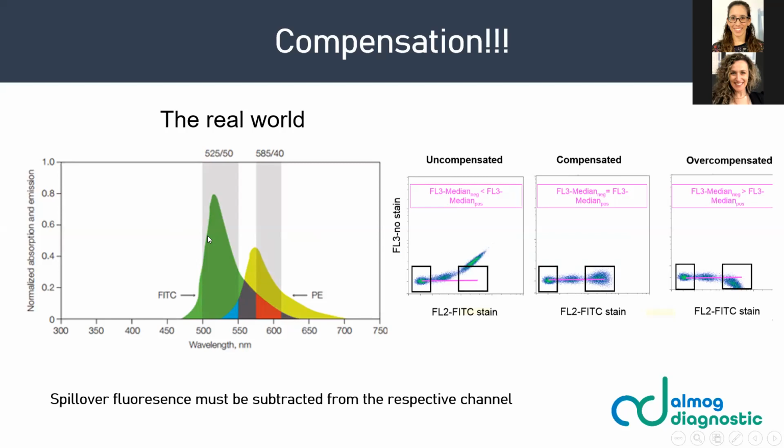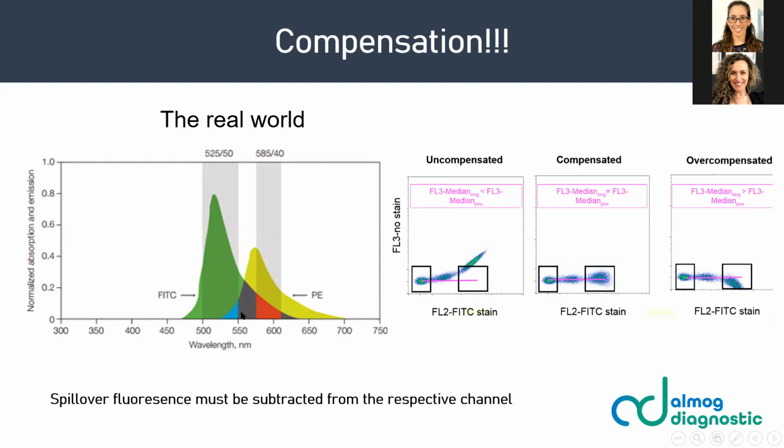In the real world, what we see is that dyes have overlapping emission spectra. Here is a FITC filter that is designated for FITC, and this filter here is designated for PE. And as you can see, FITC has a small portion of its emission in the PE channel. And this spillover of FITC into the PE channel needs to be subtracted from the PE channel. And this is true also for PE that emits partially into the FITC channel. So this is called compensation.